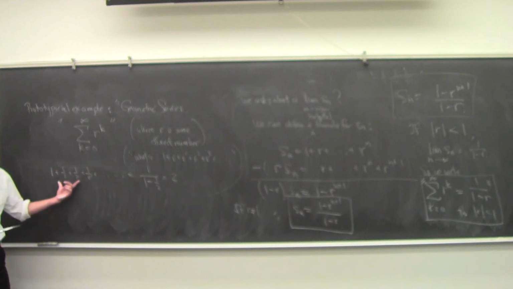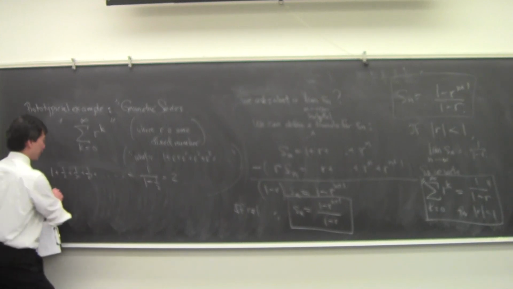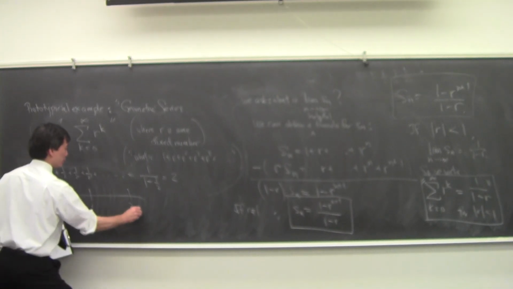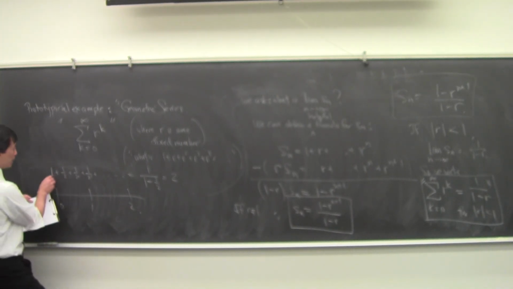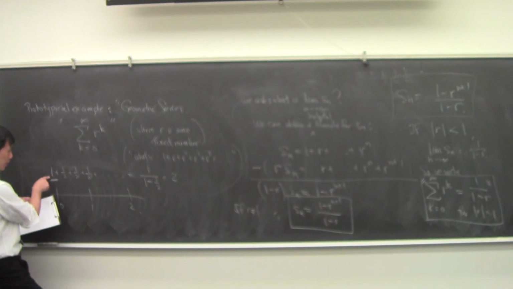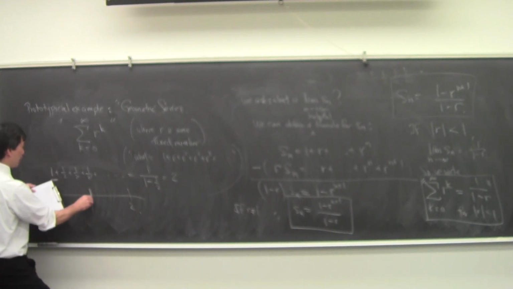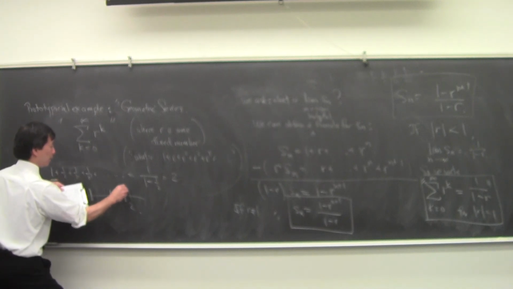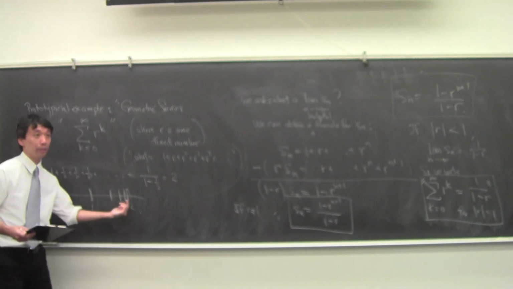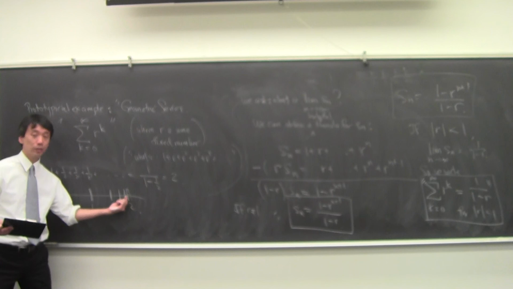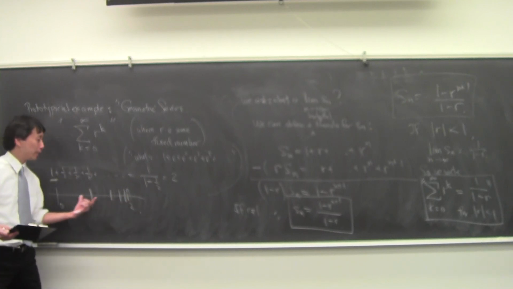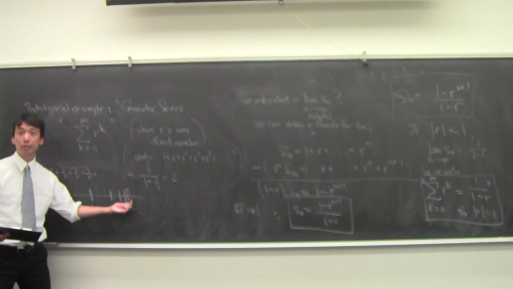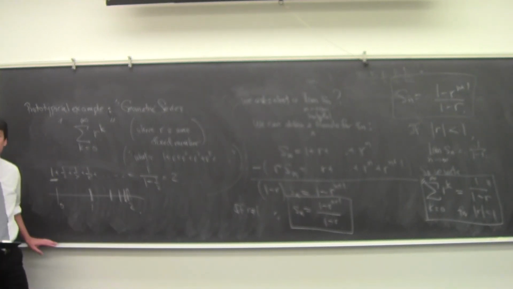Which is basically what you figured out earlier. If you have 0, 1, 2, and we look at the partial sums, we start at 1, we add a half, we add a quarter, we add an eighth, we add a 16th, and so on. And each time we get half the distance to 2. And what we're saying is that the limit of those partial sums is 2.